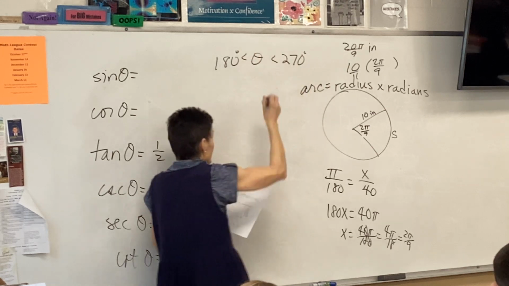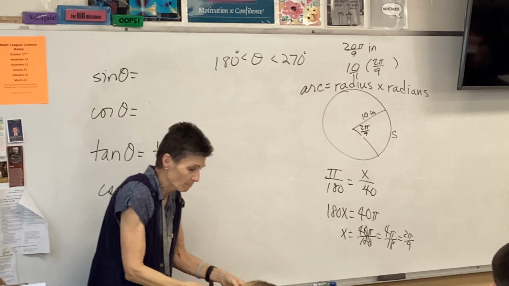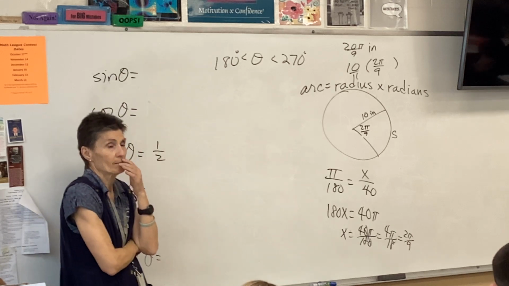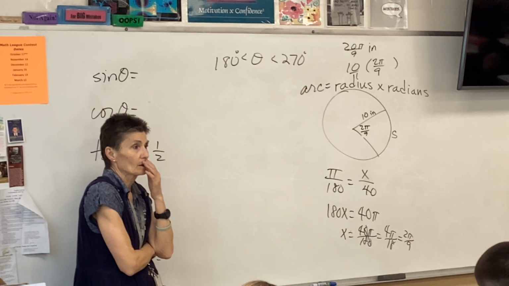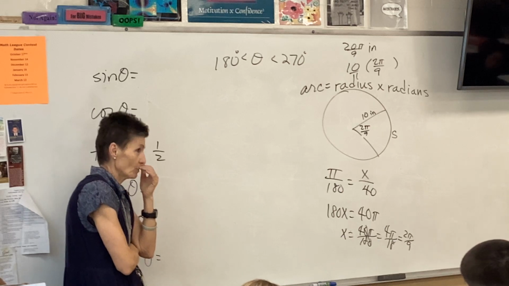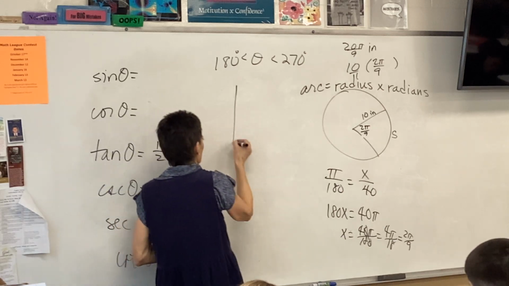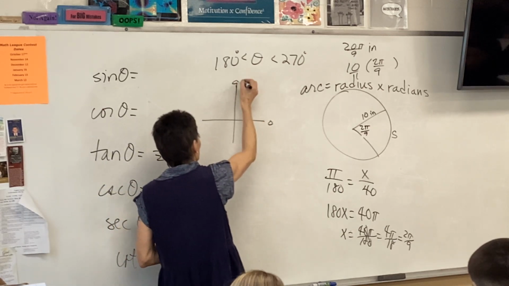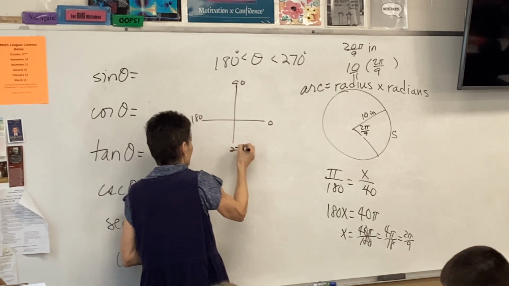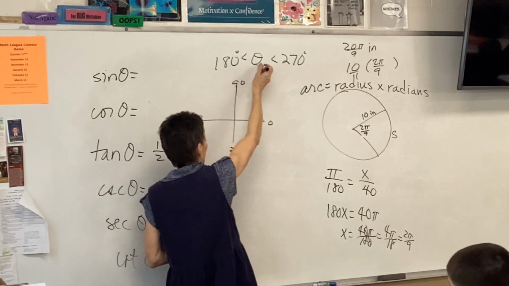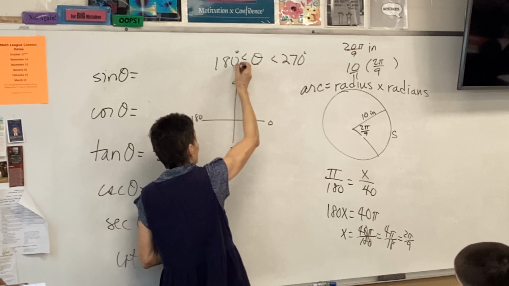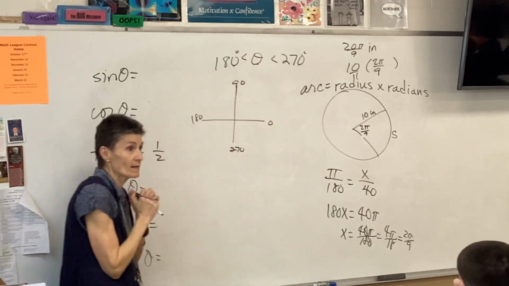That's written a little bit strangely. What does that mean? Quadrant 3. Because if we think about our labels, this says that our angle is in between 180 and 270.